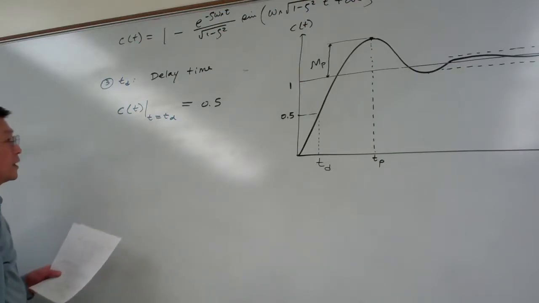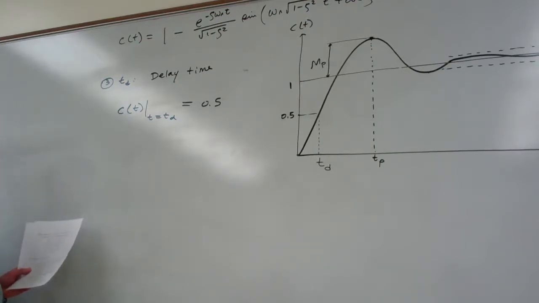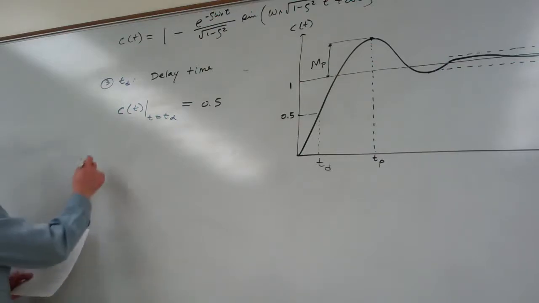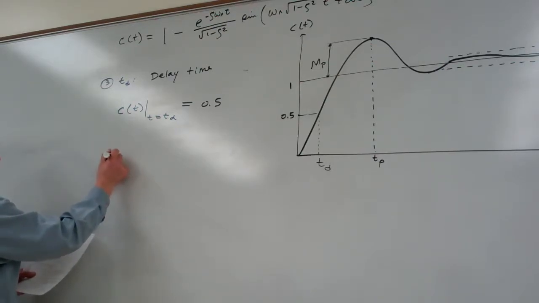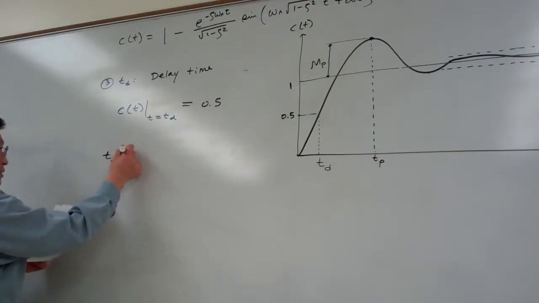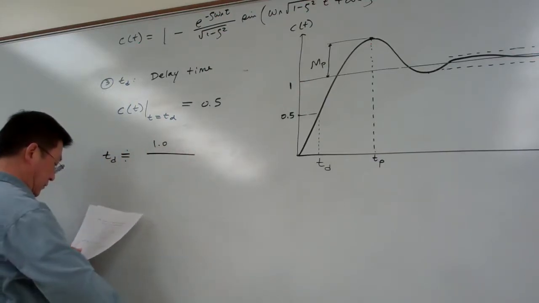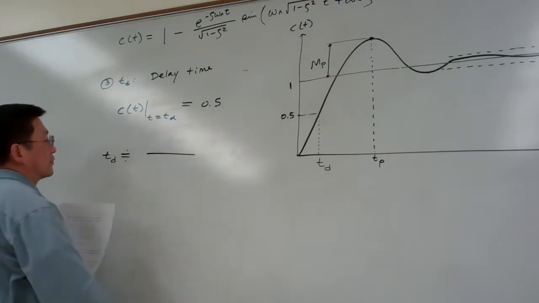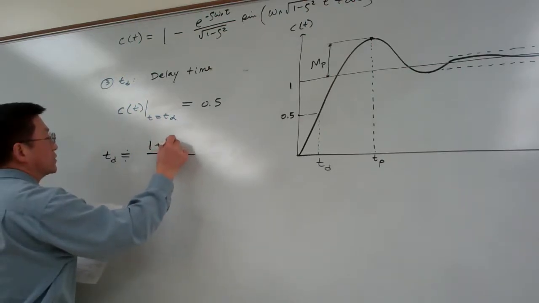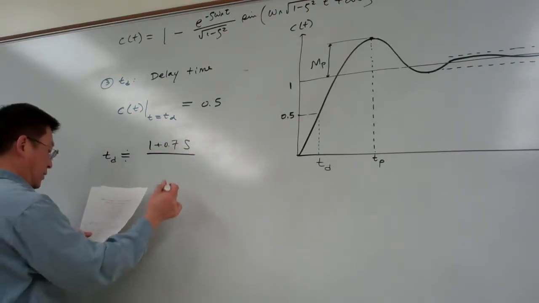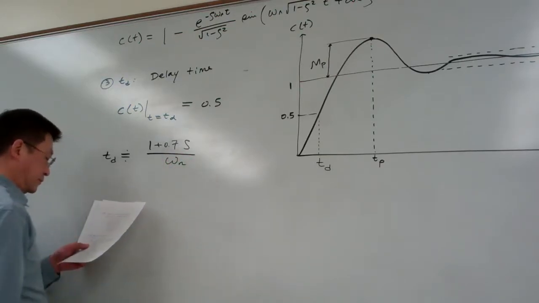And this one, basically this is not a closed form solution. So here we can do an approximation. TD can be approximated as equal to 1 plus 0.7 times zeta divided by omega n.